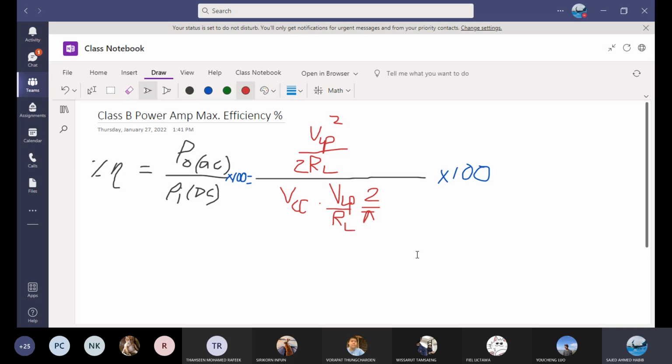Now simplify the equation. What is going to happen? There's a VL peak squared on top. There's one VL peak in the bottom, so it will cancel out one time, leaving you with just one VL peak.